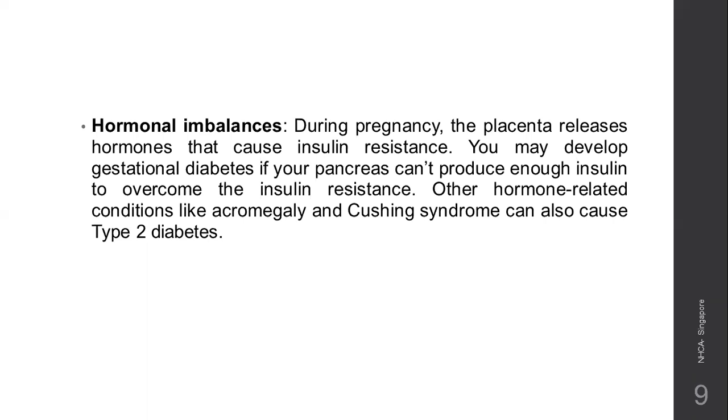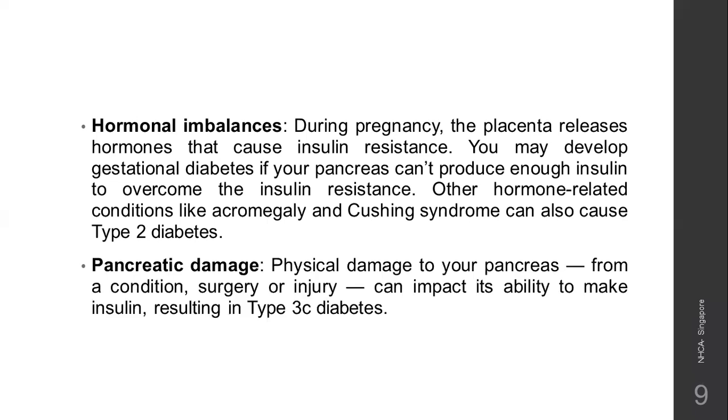You may develop gestational diabetes if your pancreas cannot produce enough insulin to overcome insulin resistance. Other hormone-related conditions like acromegaly and Cushing syndrome can also cause type 2 diabetes. Cushing syndrome and all is a thyroid issue.